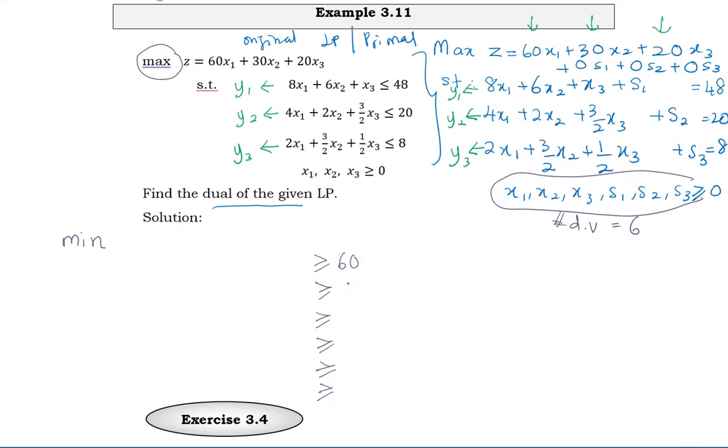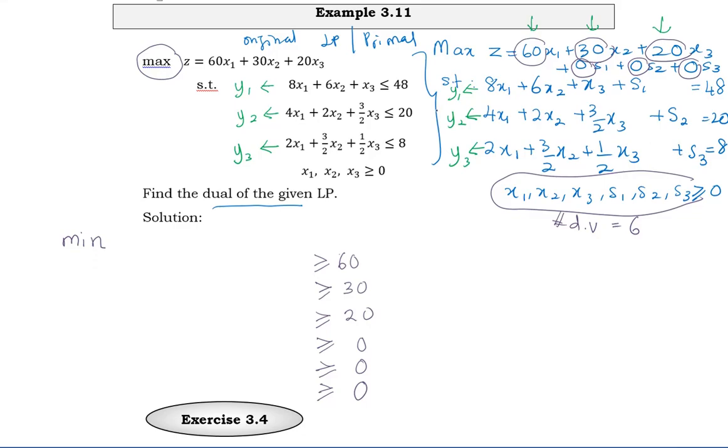Second constraint, 30, 20, 0, 0, 0. Column will become rows, right?